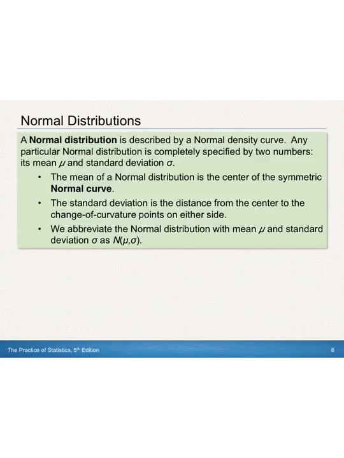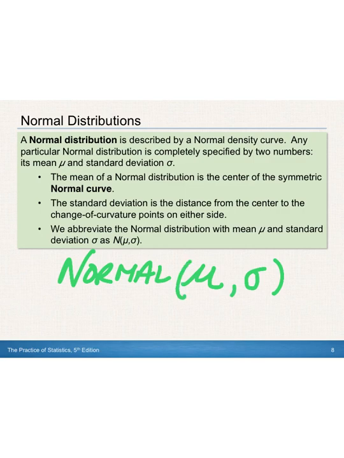Once we decide that a set of data is symmetrical, has a single peak, and creates a clear curve, then instead of using the actual data, we can use the model of the normal curve. And the minute we say that, we're saying it's a normal distribution, and we've got to define the particular normal distribution with the mean and the standard deviation, and that will tell you how to label that curve.